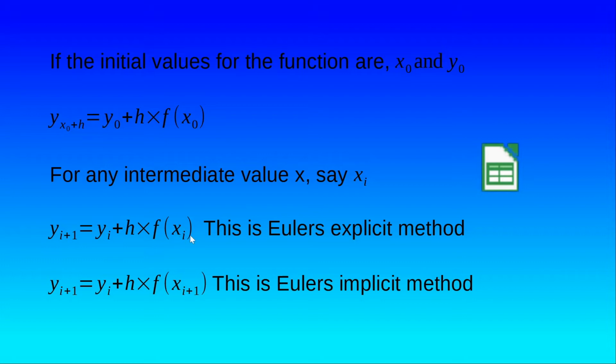Now, this is known as Euler's explicit method. Also, there is another method which Euler has proposed, that is y(i+1) = yi + h f(x(i+1)). That is, we take the value of the function at x(i+1), that is one step ahead. This is one step backward and this is one step ahead.